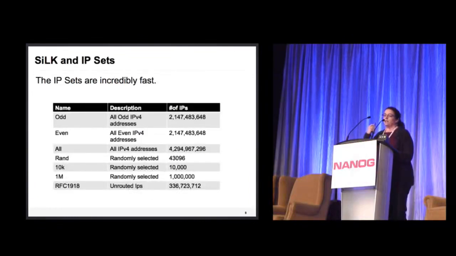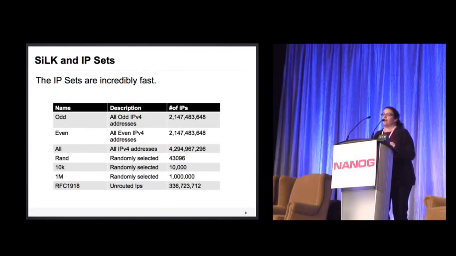So I took a bunch of sets I created. One, I took every odd IP address in the internet, and yes, this is a very strange thing to be taking. And I took every even IP address, which I'm sure no one actually has ever used ever. If you have, please let me know. I'd like to know why.